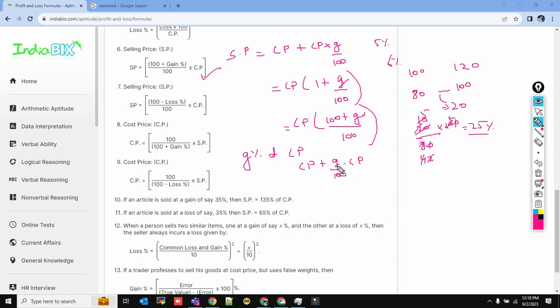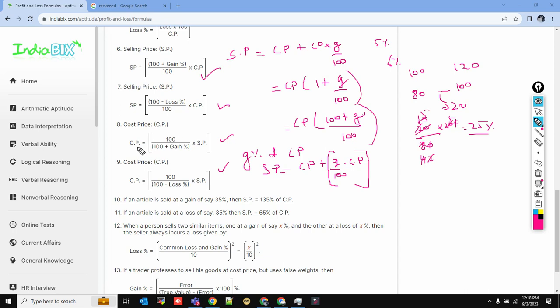Gain percentage of cost price will give you how much gain you have got. If you add it to the cost price, you will get the selling price. So with this, you can derive the formula. You need not remember all these things.